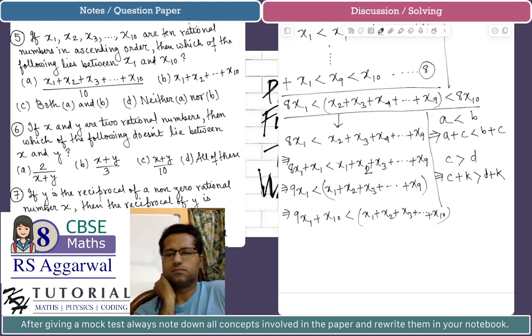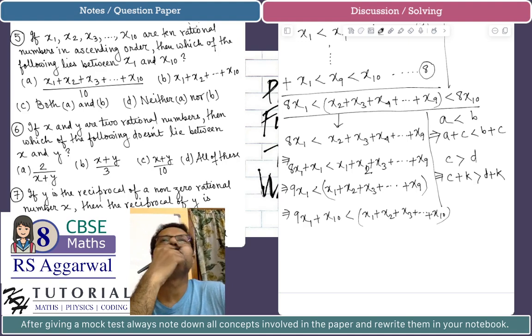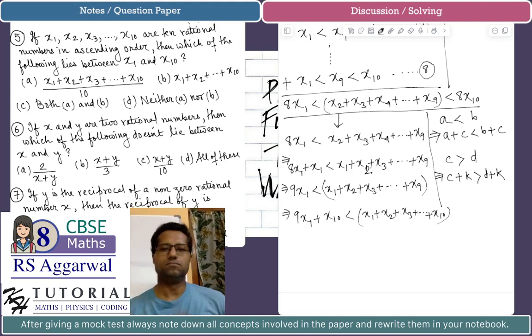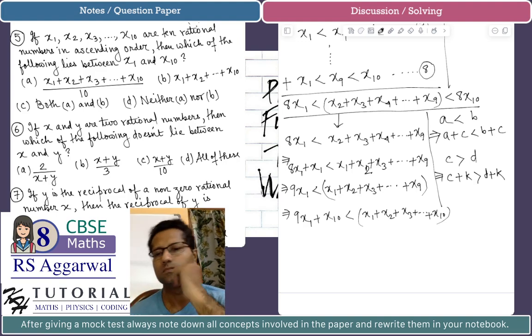10x1 divided by 10 is x1. This one is less than, we are having this.